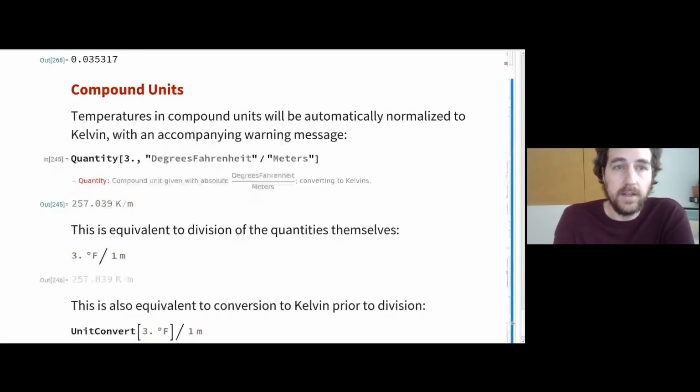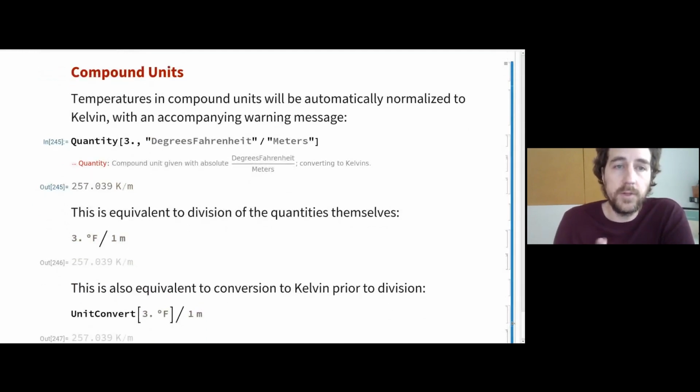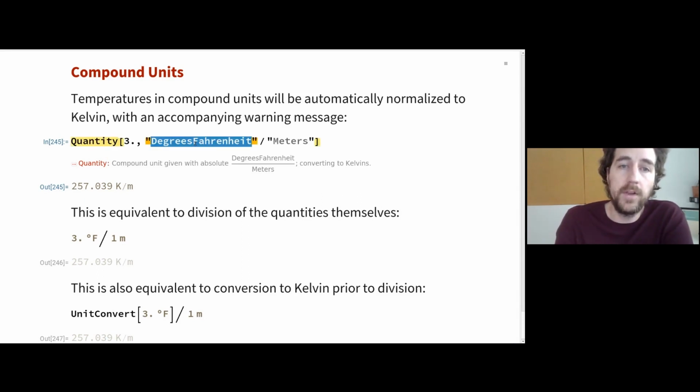And the last caveat is that because we distinguish between degrees Fahrenheit as an absolute temperature and degrees Fahrenheit difference as a measure of rate of change of temperature, if you try and insert an absolute temperature inside a compound unit, we will give a warning message and convert to Kelvin, because 3 degrees Fahrenheit per meter is almost always going to mean 3 degrees Fahrenheit difference per meter.